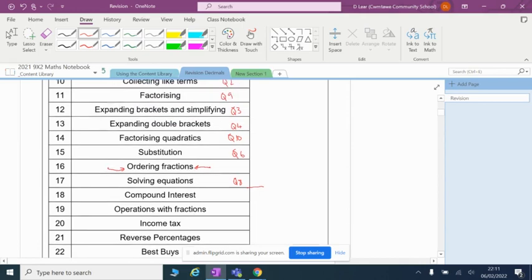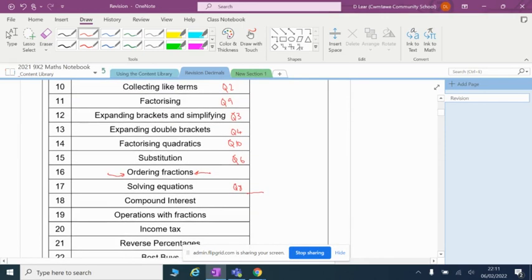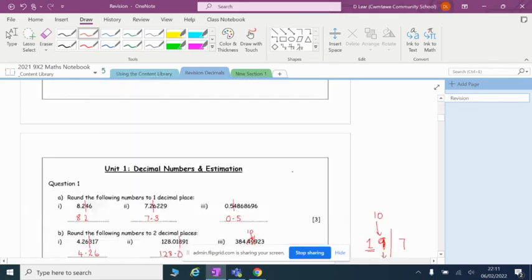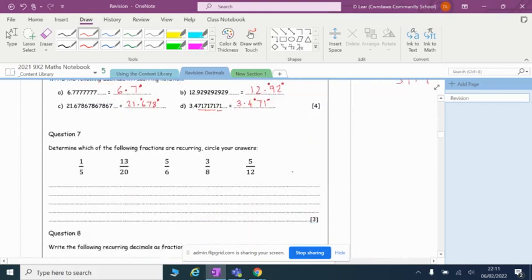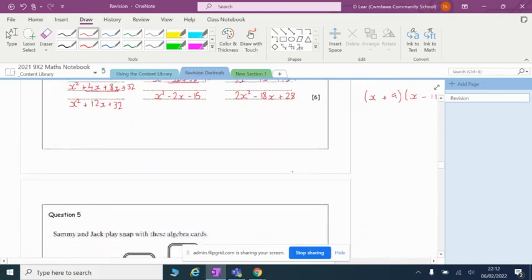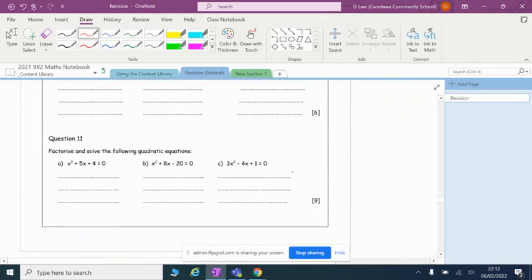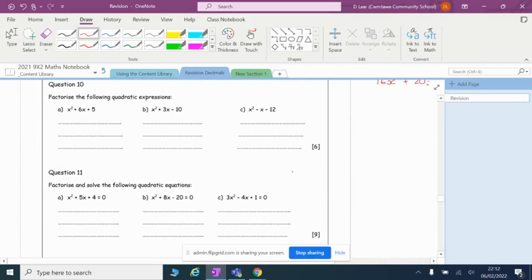However, during video 3, my plan was to go over factorising quadratics, which was topic 14, but question 10 in unit 2, which I'm going to go down to now. All these workings out are on my previous videos you'll find on Teams, so please go back tonight and take a look. But this lesson to begin with, I'm going to talk you through these examples.